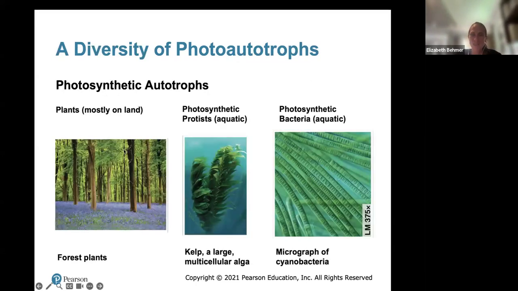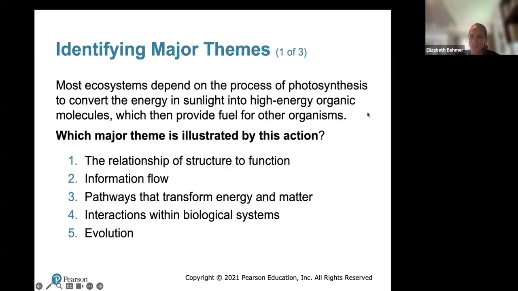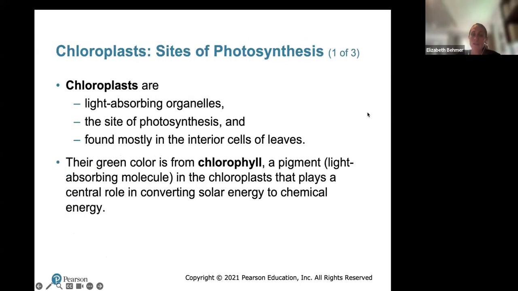So here we have different examples of photosynthetic autotrophs. We have plants, mostly on land, photosynthetic protists like kelp in water, and photosynthetic bacteria like the micrograph of cyanobacteria. Chloroplasts are the light-absorbing organelles, and the chloroplasts are where photosynthesis occurs, and you should know that.